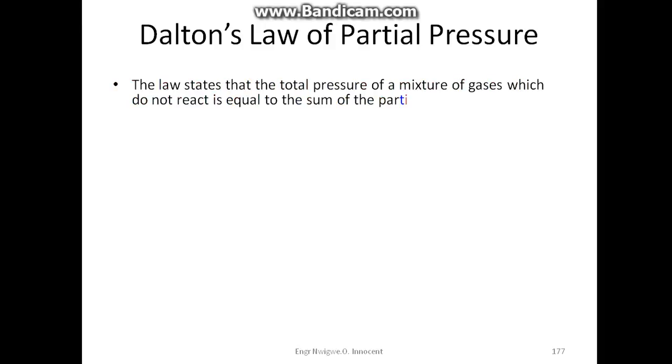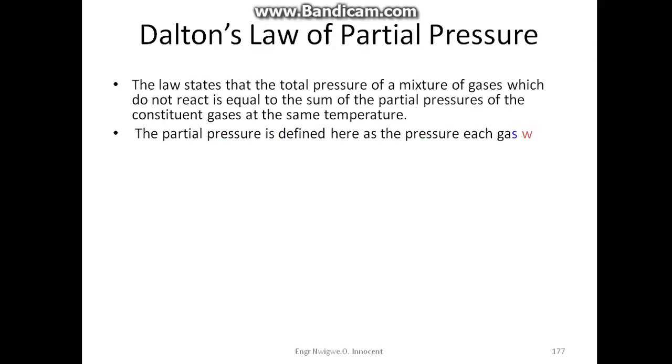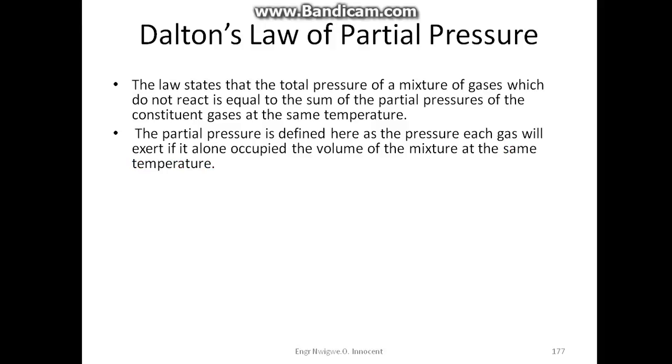Dalton's law of partial pressure. The law states that the total pressure of a mixture of gases which do not react is equal to the sum of the partial pressures of the constituent gases at the same temperature. The partial pressure is defined here as the pressure each gas would exert if it alone occupied the volume of the mixture at the same temperature.